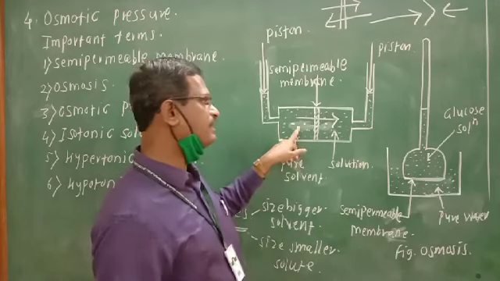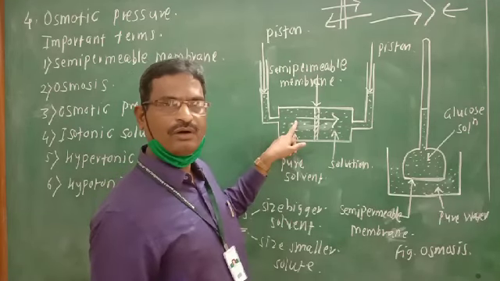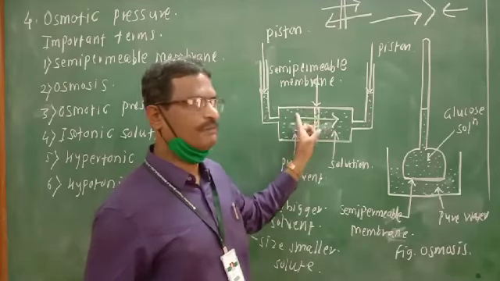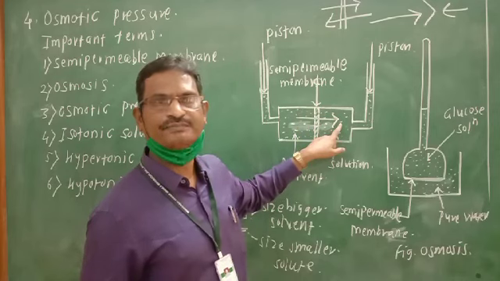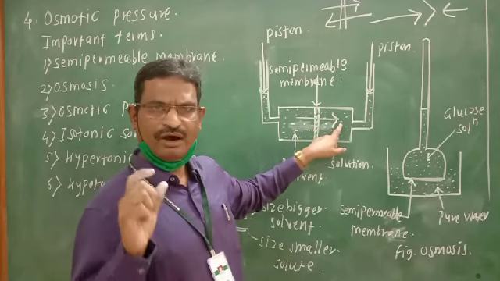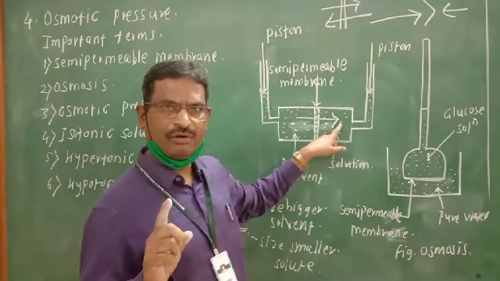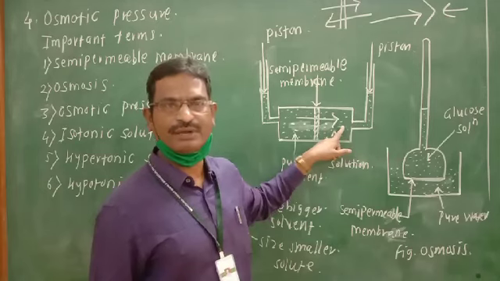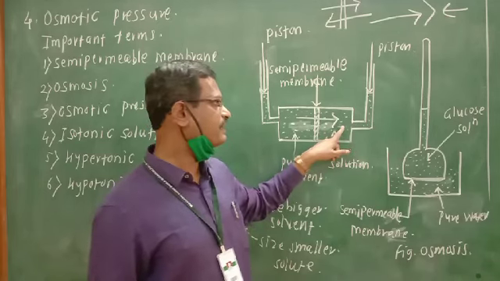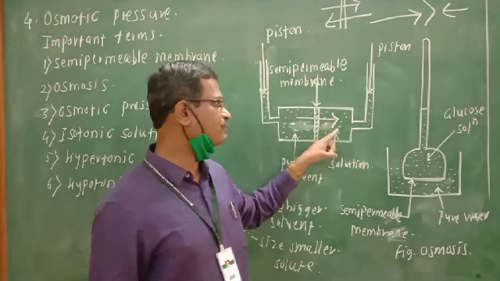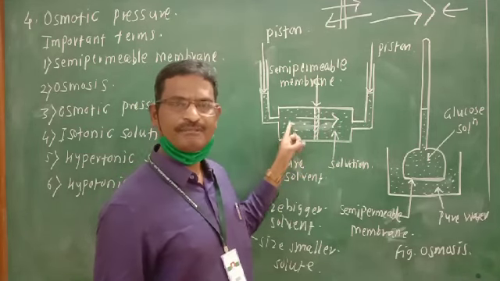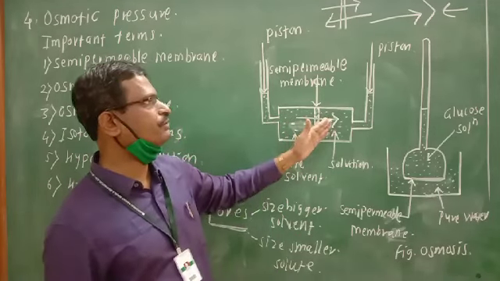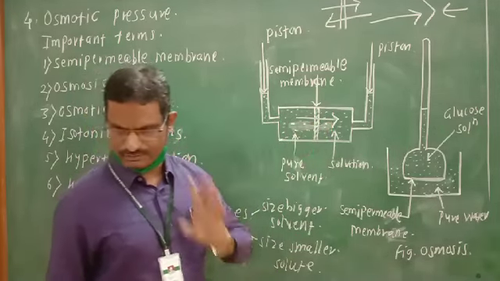The important point is that the net flow of solvent from the solvent compartment to the solution compartment is bigger, because the rate of flow of solvent from the solvent compartment to the solution compartment is bigger as compared with the flow of solvent from the solution compartment to the solvent compartment. Therefore, the net flow is the flow of solvent from the pure solvent compartment to the solution compartment, and that is known as osmosis.